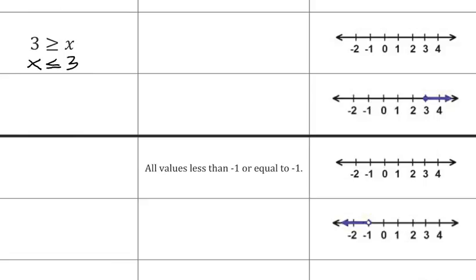So what you might get good at is reversing it, but you might look at this eventually and say, okay, the graph is going to be at 3. Right? It's going to be closed circle because it's equal to, and it's going to the left. Even though the symbol right here is greater than, the graph is to the left. Both of these have the same graph. This is the graph for both of them.